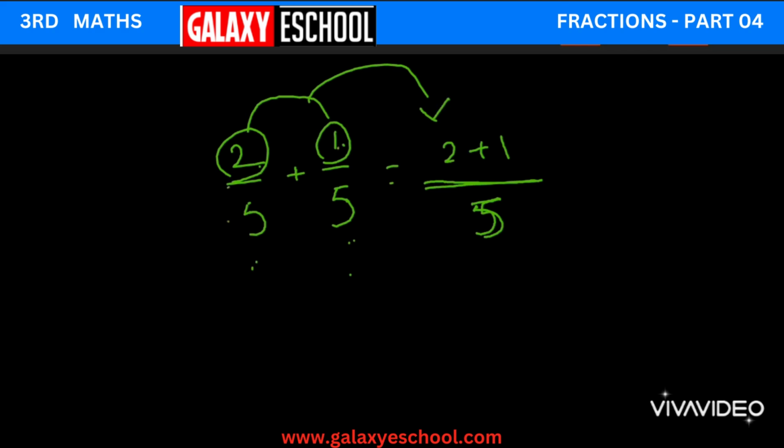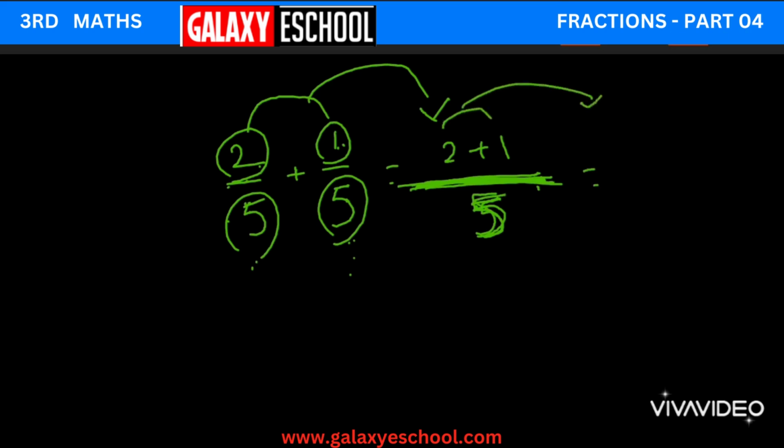And as both the fractions had the same denominator, instead of writing it for each, we put the divided by symbol for both of them together and wrote one single denominator, that is 5. Now 2 plus 1 becomes what, children? 2 plus 1 becomes 3. Then don't forget to write the divided by symbol, children. Divided by 5, which is our denominator.